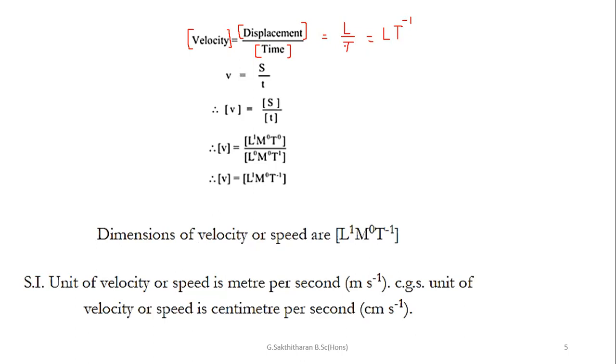Here L over T, the power of T is positive 1. So this T goes to the upside, and this power becomes minus, so L T minus 1. So the dimension of the velocity is L T minus 1.